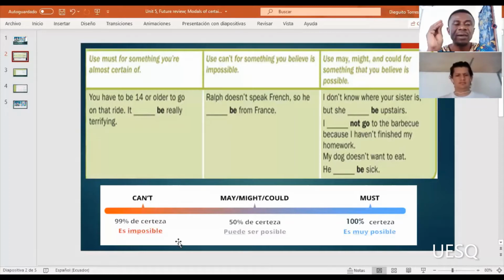You are not able to go because you are not very well, 99% sure. That is why you use can't, something you are almost certain can't happen for a very good reason. Very good. Now let's look at may, might, or could. Over here, we give it 50%.